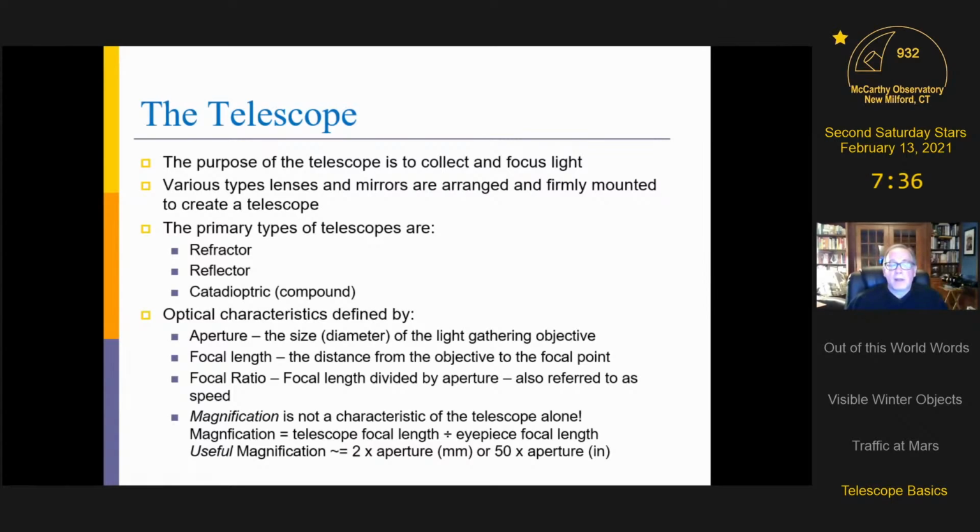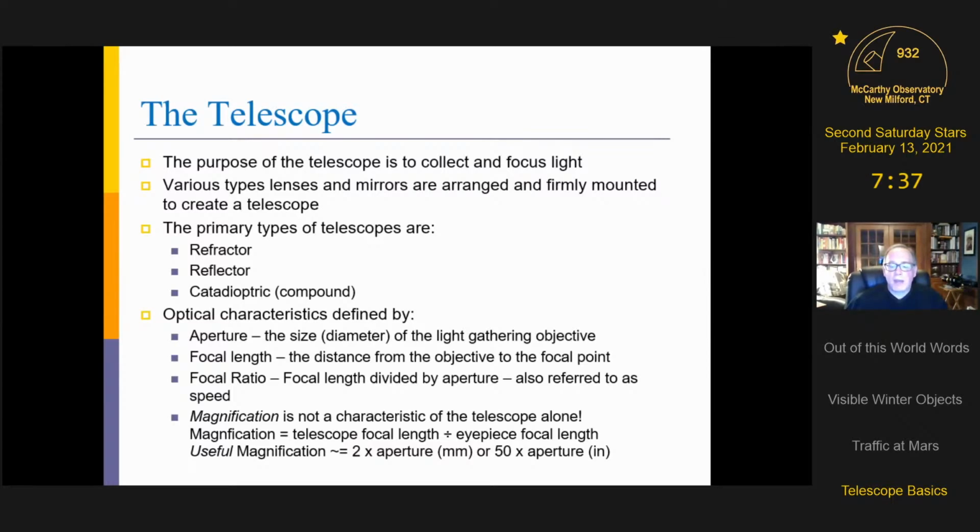And finally, magnification is not really a characteristic of the telescope alone. Magnification is calculated by dividing the eyepiece focal length into the focal length of the telescope. And useful magnification for any telescope is usually around 2 times the aperture if you measure the aperture in millimeters, or 50 times the aperture if you measure it in inches.